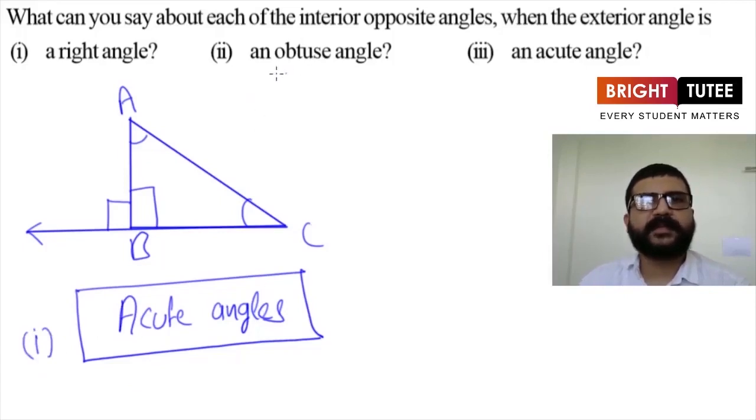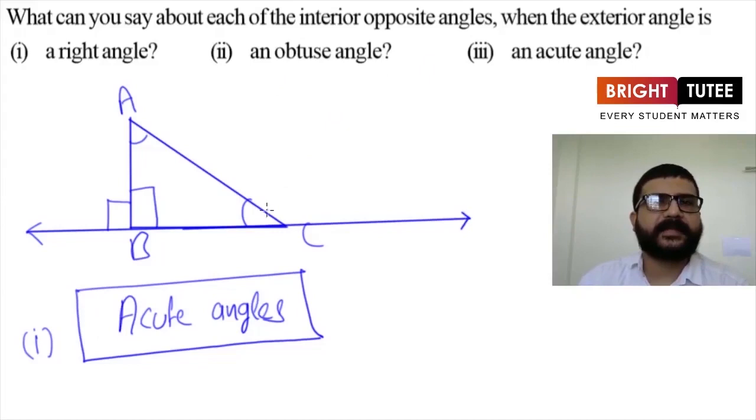Now let's check for the second one, and let's take the same triangle for this one. Here we need an exterior angle to be an obtuse angle. So what we can do is extend the side BC. Now this angle is the obtuse angle. The angle formed here, the exterior angle, is an obtuse angle this time.